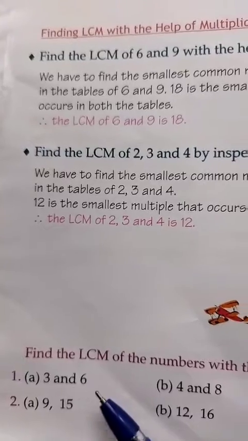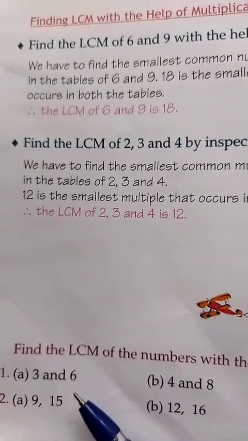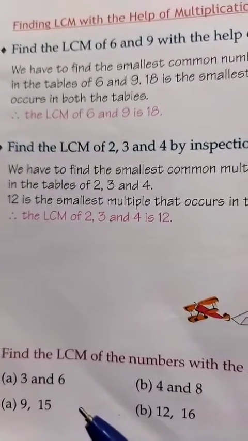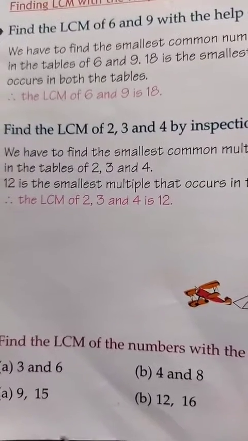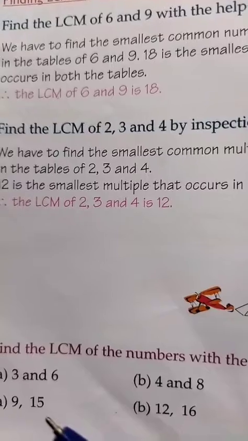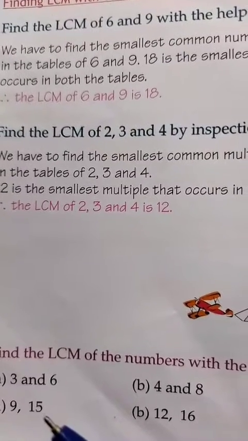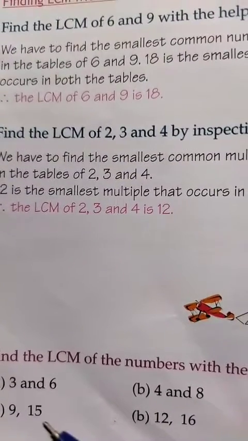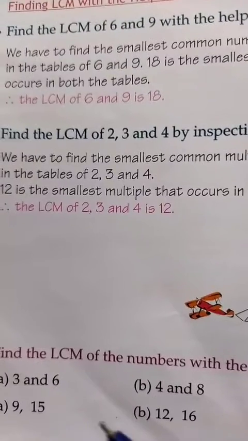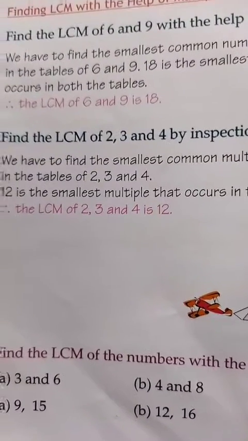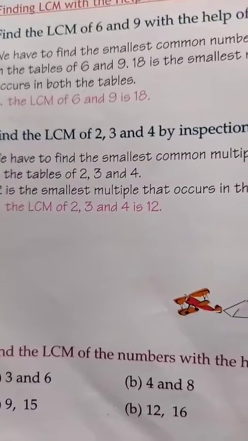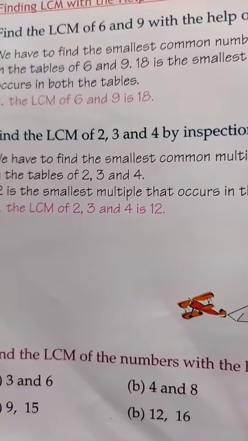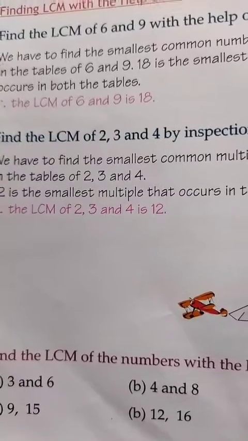First, 3 and 6, two numbers are given and you have to find the LCM with the help of the multiplication table. You only have to identify the common multiple of these two numbers. Least common multiple: least means the smallest, and common multiple means the number which comes in both tables.